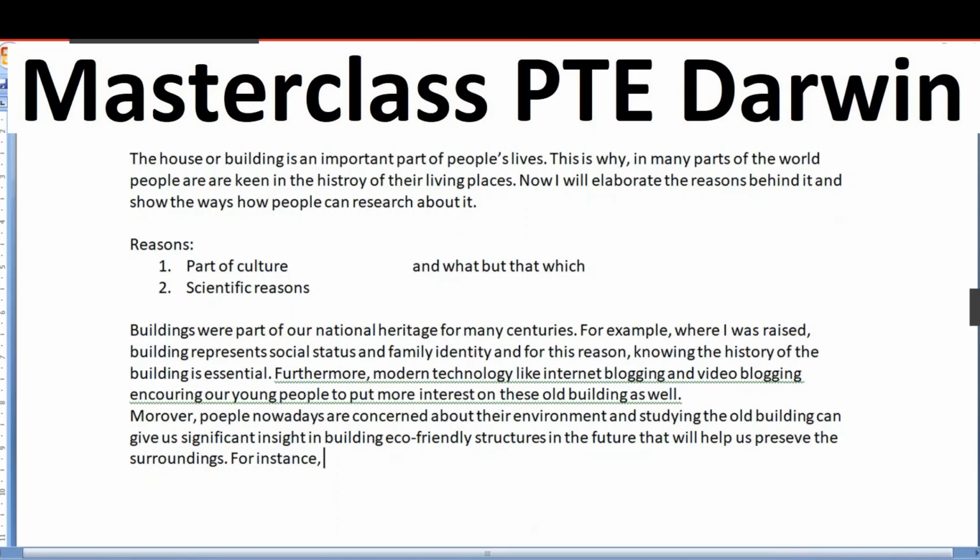So people nowadays are concerned about environment, and studying old buildings can give us significant insight into eco-friendly structures in future that will help us preserve the surroundings. For example, people don't want to use asbestos for their ceiling anymore because they believe it's dangerous to health.